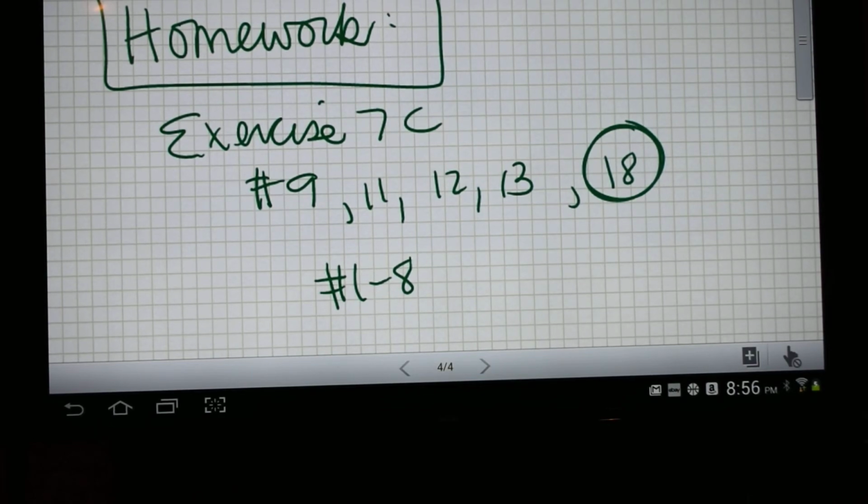If you don't have time, it's not the worst thing in the world. Some of these are way more difficult than what's actually going to be on your exam. Some of these stem into higher level type questions. So they're good practice, but I don't want you to feel too overwhelmed. So anyway, if you can just do numbers 1 through 9, and then 11, 12, and 13, and probably even 18, then you're probably good.